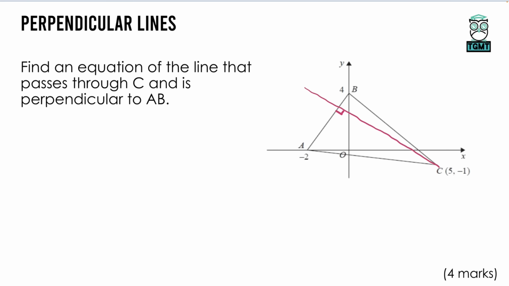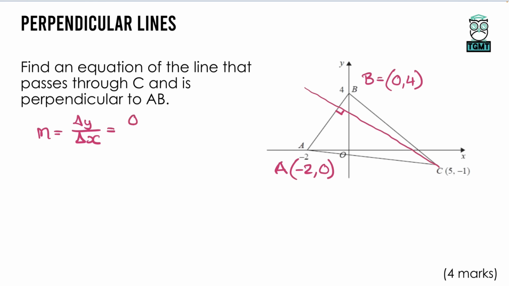Now B over here is the coordinate, and let's just have a think. The X coordinate is 0, the Y coordinate is 4. A down here, the X coordinate is -2 and the Y coordinate is 0. So if we want to find the gradient of AB, we can then find the gradient of this perpendicular line. So for the gradient, we will do the change in Y divided by the change in X. So here, the Y coordinates go from 0 to 4.